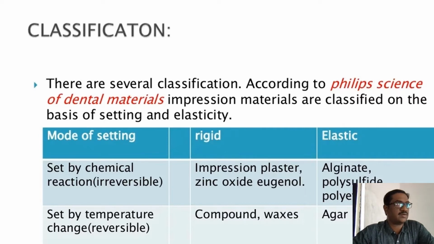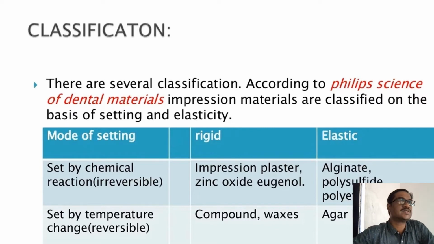So we have different viscosities in the elastomers. Elastomers will have four types of consistencies or viscosities. Those with high viscosity are mucocompressive, and those with low viscosity are mucostatic.